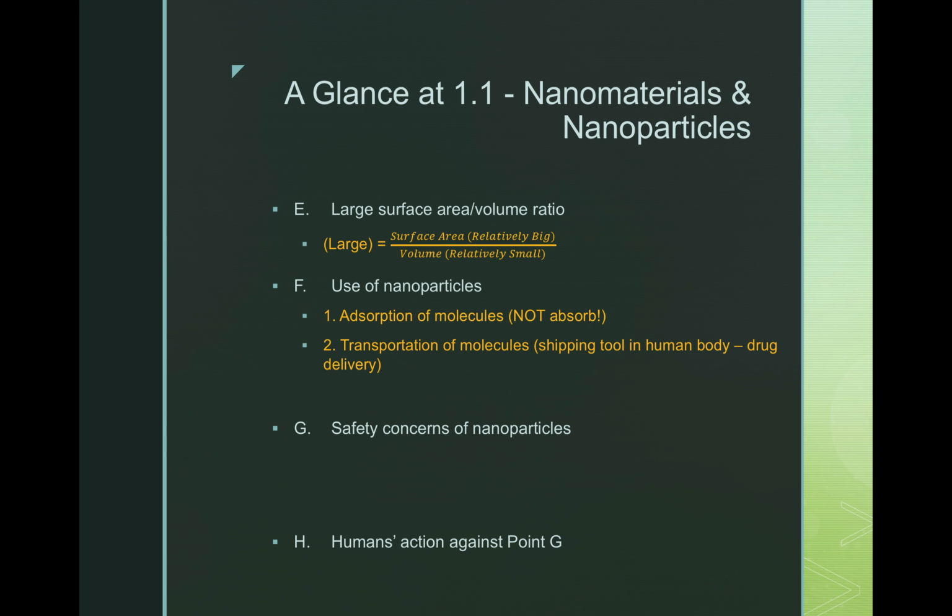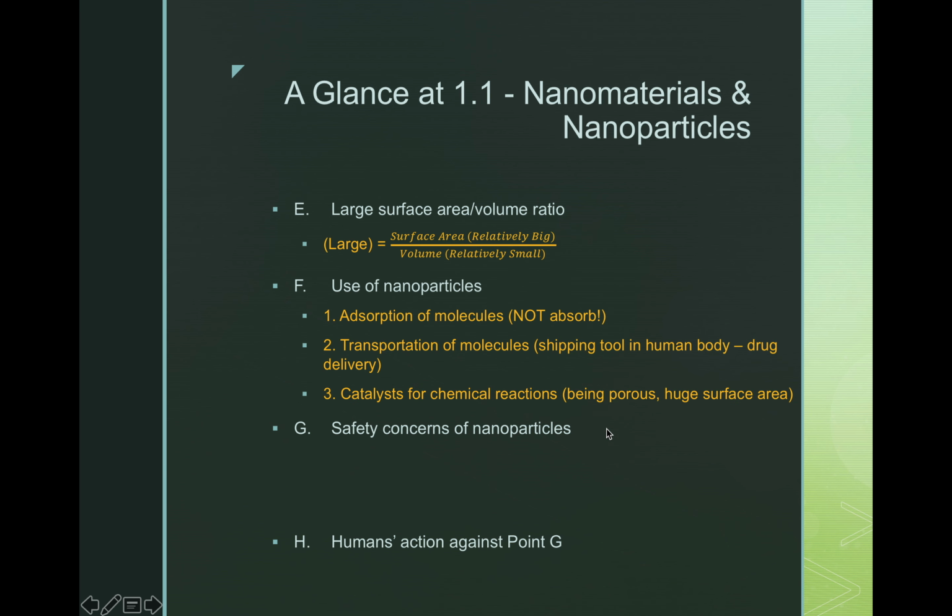But what if such kind of medicine is transported to the wrong place, to somewhere healthy? So the normal cells are attacked together with the cancer cells, which is unwanted. So with such kind of nanoparticles, we can direct the medicine, transporting them to the right place, so that we're going to have a better chance fighting against the cancers.